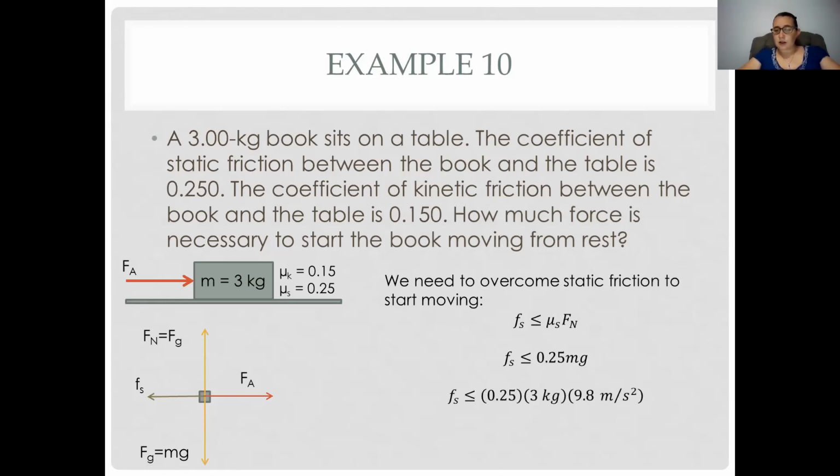So once we plug in all of our numbers, we'll see that the force of static friction is going to be less than or equal to 0.25, our coefficient, times the mass, 3 kilograms, times g, 9.8 meters per second squared, or 7.35 newtons. Right, so once we hit an applied force of 7.35 newtons, if we go beyond that amount of force, then the book is going to start moving.